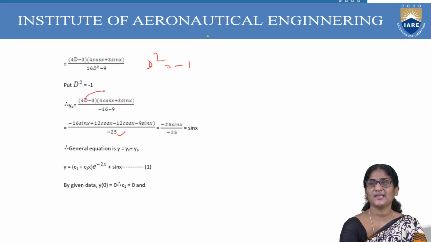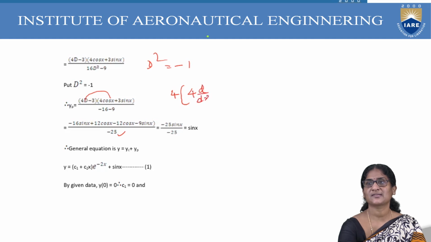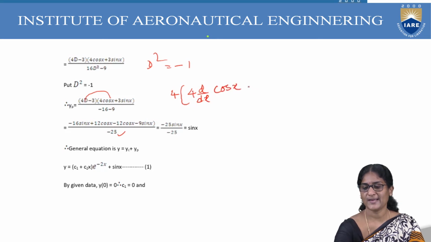Now multiply each and every term. D is nothing but d by dx. You can write this as 4 into 4, that is 4 d by dx of cos x, minus 3 cos x.